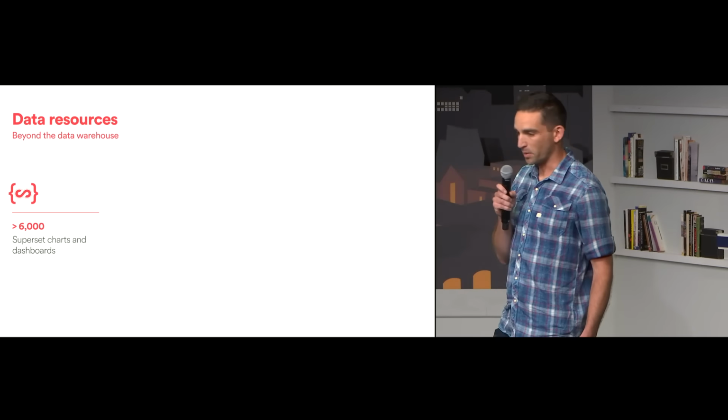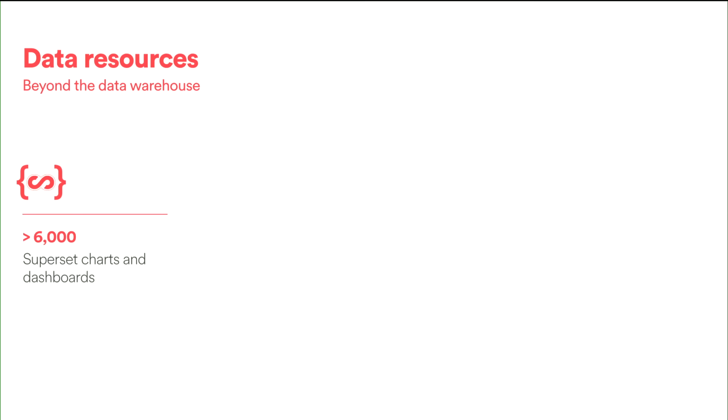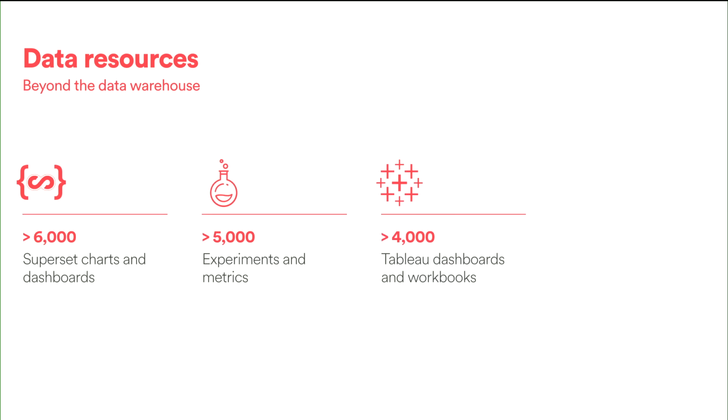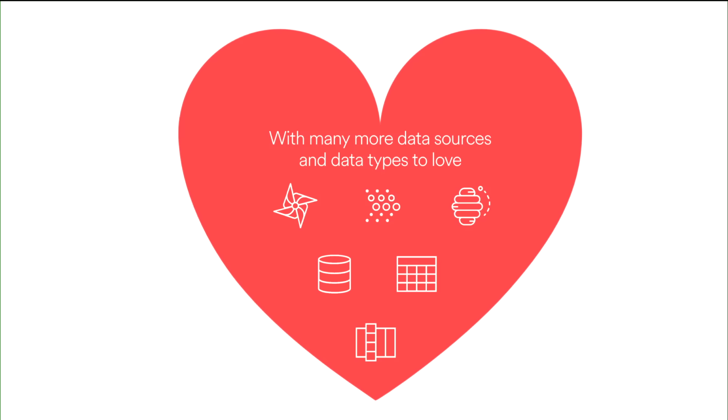So at Airbnb, we have a number of different data resources. We have over 6,000 superset charts and dashboards. We have over 5,000 experiments and metrics. There are over 4,000 Tableau dashboards and workbooks, and 1,000 knowledge posts, as well as a litany of other data types.